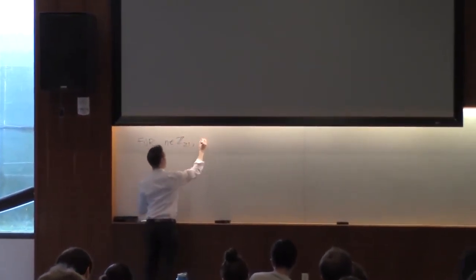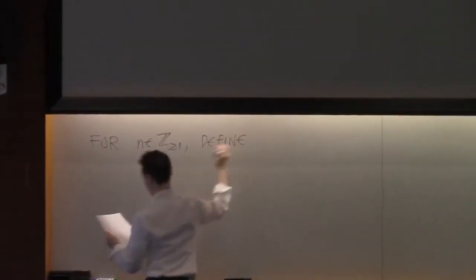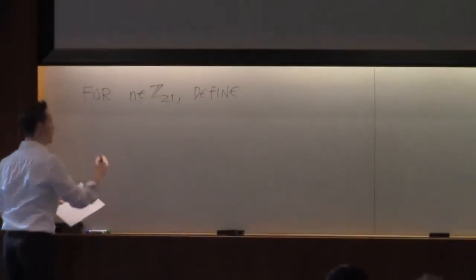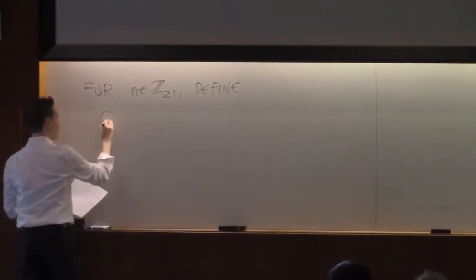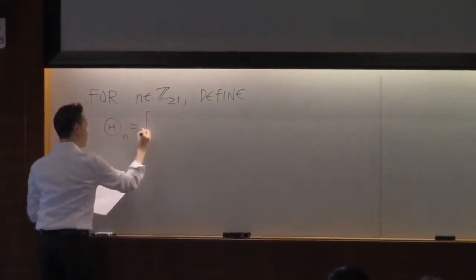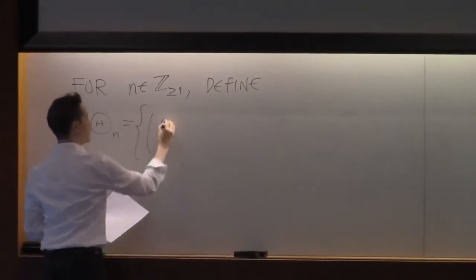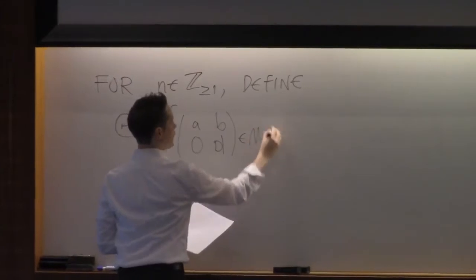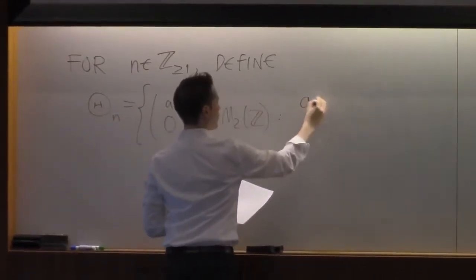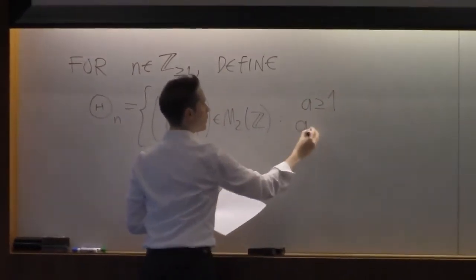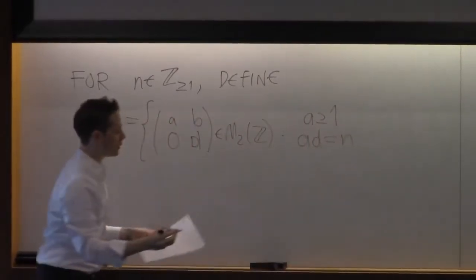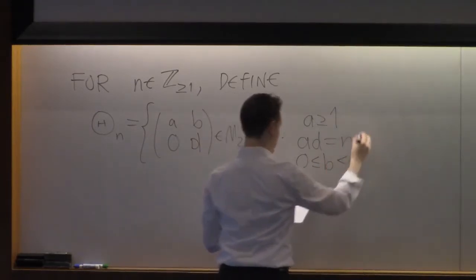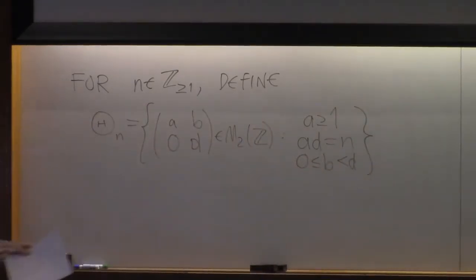For a positive integer n, we define a set of matrices, the set of matrices of determinant n up to left multiplication by an invertible matrix. I'm going to call this Theta of n, and explicitly these are the matrices (A, B; 0, D) in M2(Z) with A greater than or equal to 1 for normalization purposes, AD equals n, that's the determinant, and 0 less than or equal to B less than D. That's the set of matrices.